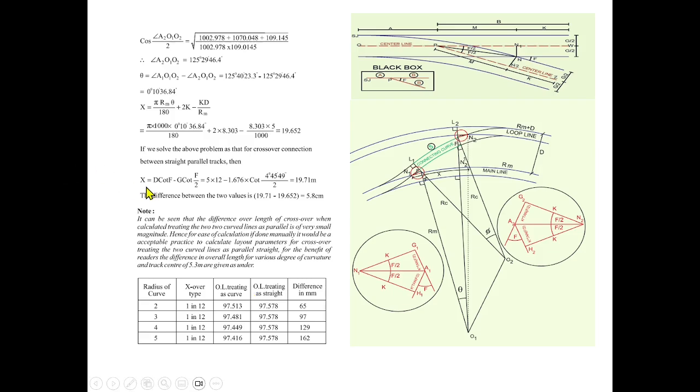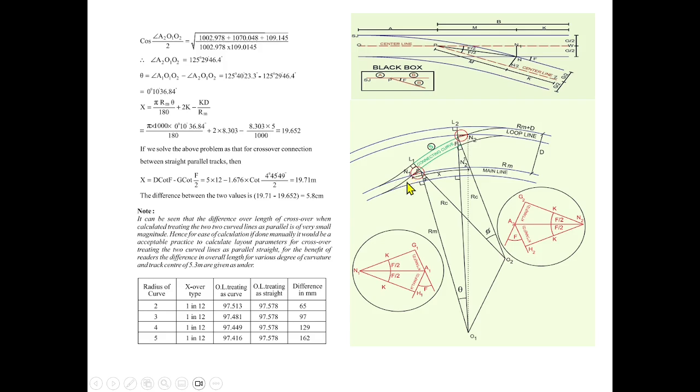Here the x distance is a little different. The x distance here is the distance between the theoretical nodes of crossing of one point to another point. But whereas normally when we are finding our x, we take x equal to d cot f. That is the center line method. That means the x distance is from the point of intersection of one point to the point of intersection of the other point.